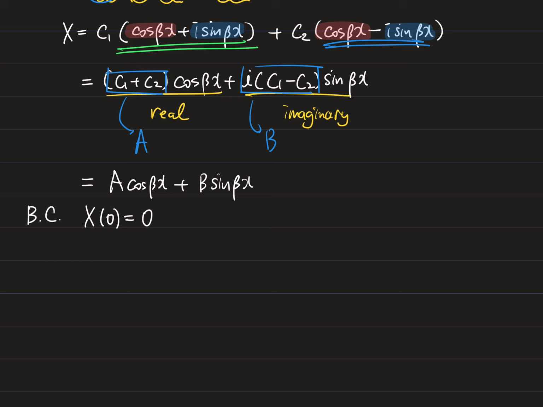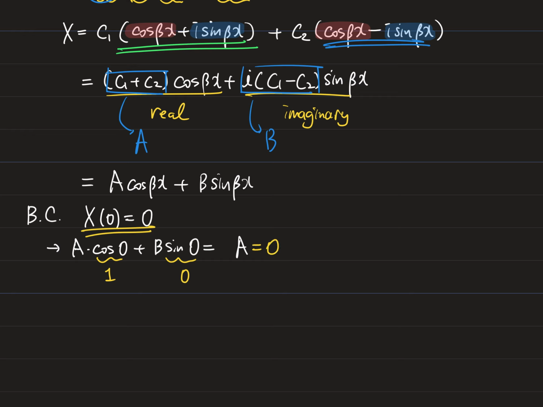So that gives you A cosine 0 plus B sine 0. That means the cosine 0 should be 1 and sine 0 should be 0. So it should be simply A. And our boundary condition says that it should be 0.